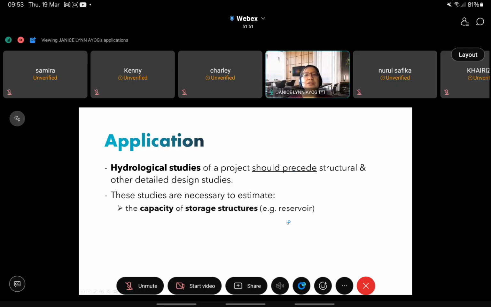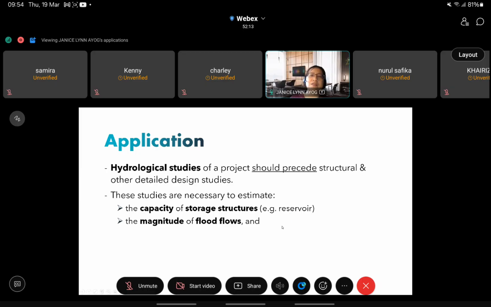These studies are necessary to estimate, for example, the capacity of a storage structure, such as a reservoir, and the magnitude of flood flows, meaning how big the flood is going to be, in terms of the discharge.